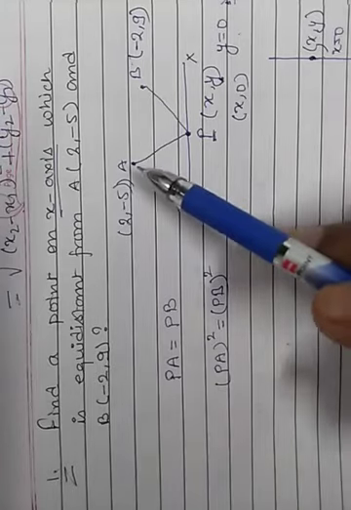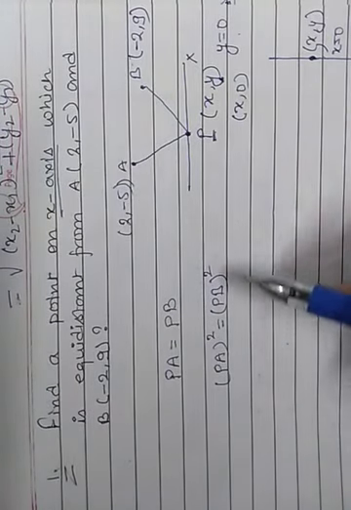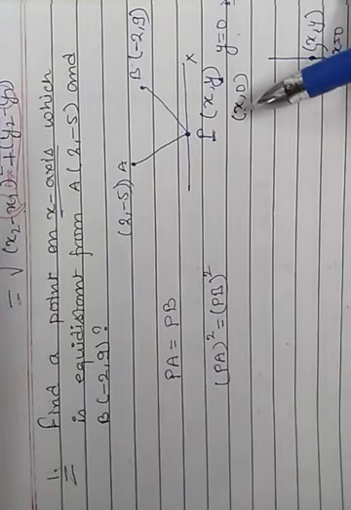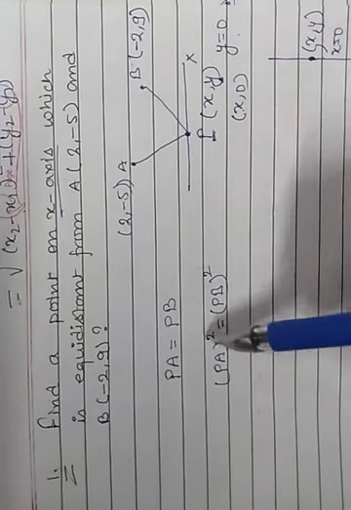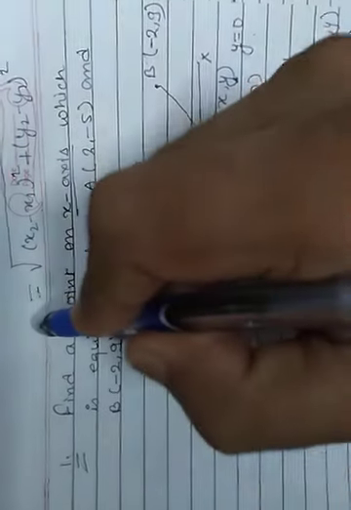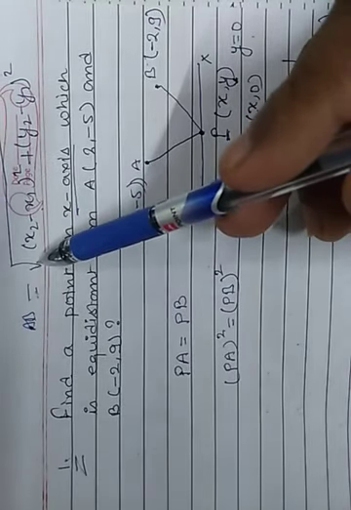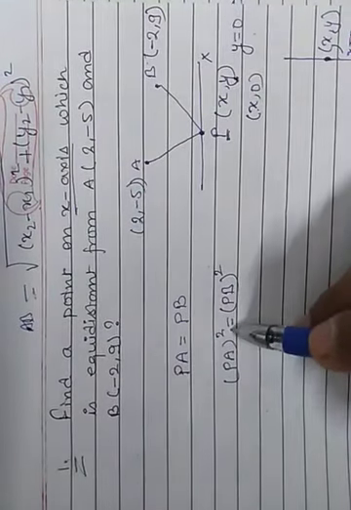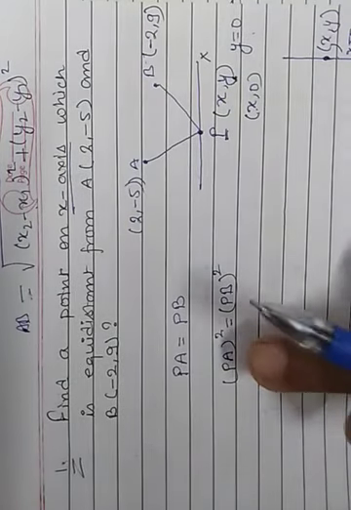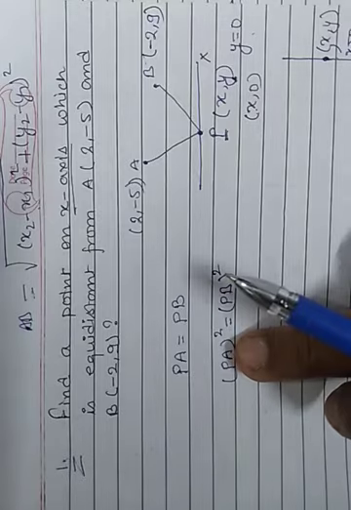Now we'll find the distance AP or PA. That is the difference of x coordinates. Already we have squares, so I will not use the square root here, because if I have AB square, then we will not use the square root. So as we have a square here, the formula will be just the difference of x coordinates, its square, plus the difference of y coordinates and its square.